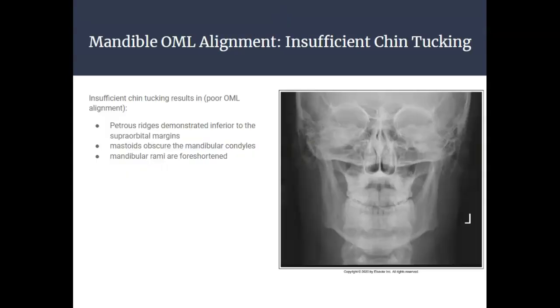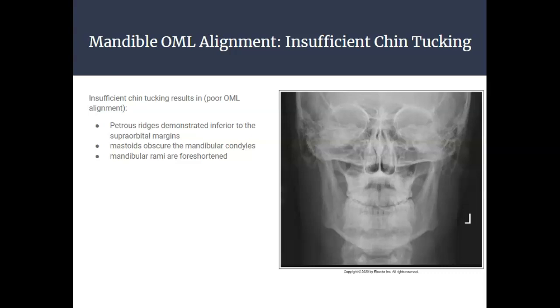We can use the same relationship of the supraorbital margins and petrous ridges to identify poor OML alignment for the mandible.